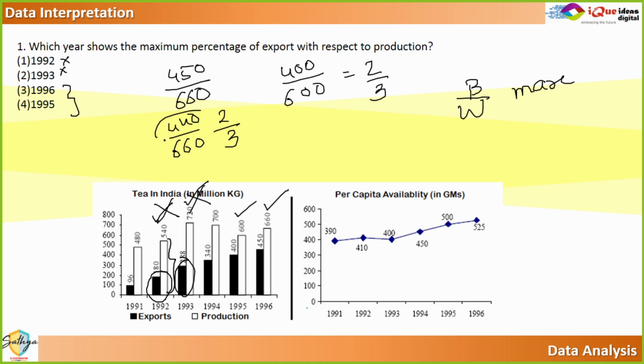So if this was 440, it would have been 2 by 3. This is more than that. So obviously 450 is greater than the other number. That means 450 wala saal, that is 96, is my greatest year. So C has to be my answer. In this one, definitely C has to be my answer.